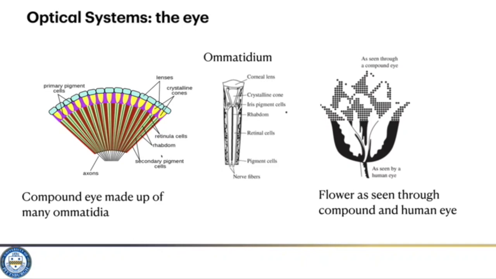So that's what a compound eye is made of. For example, this is a rendering of what a flower would look like when seen through a compound eye and when seen through a human eye. In fact, there are many insects with lots and lots of these ommatidia, and that can make the picture more and more well resolved.